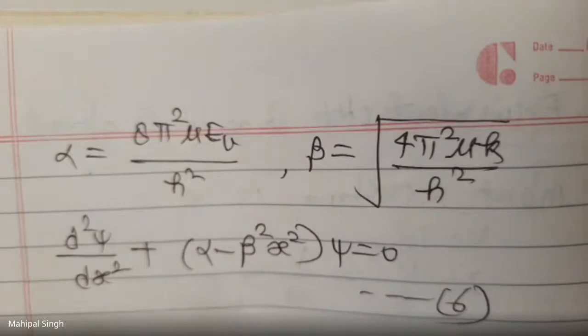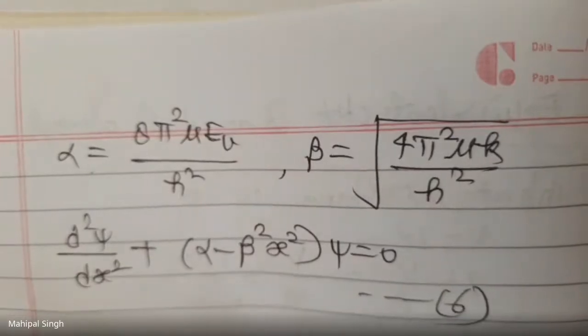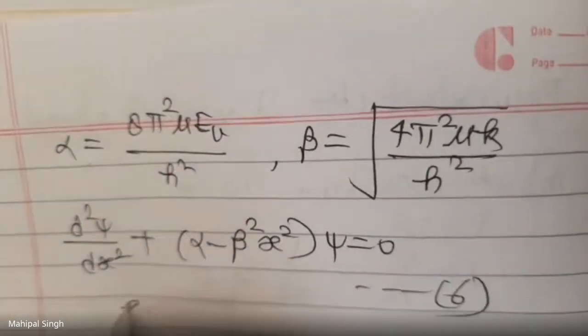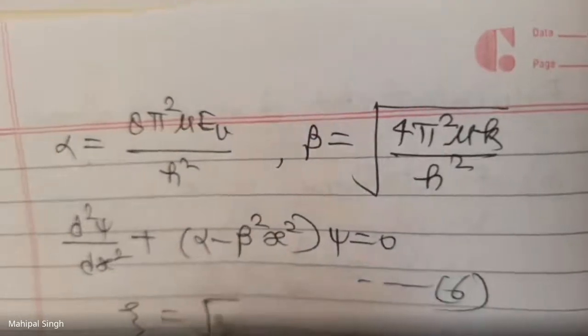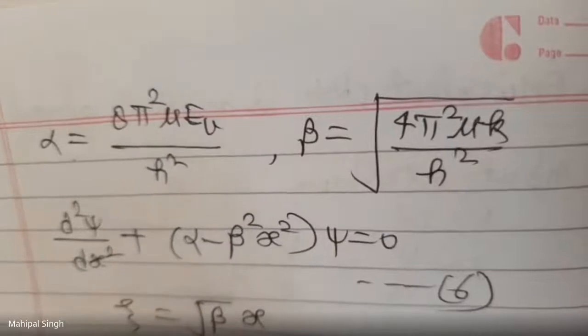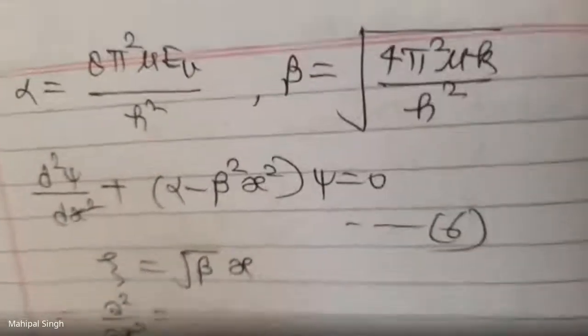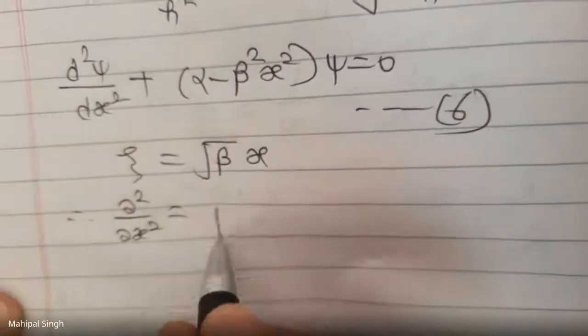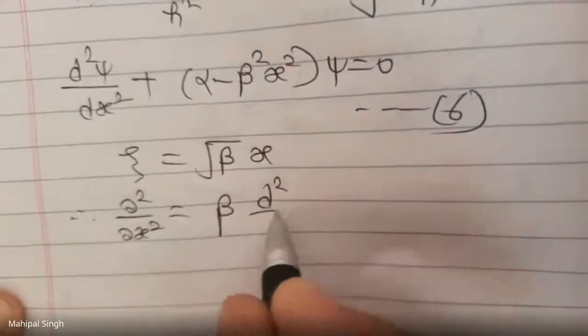Now let us introduce a dimensionless independent variable xi equal to under root beta x. Therefore, d2 by dx square equals beta d2 by d xi square.